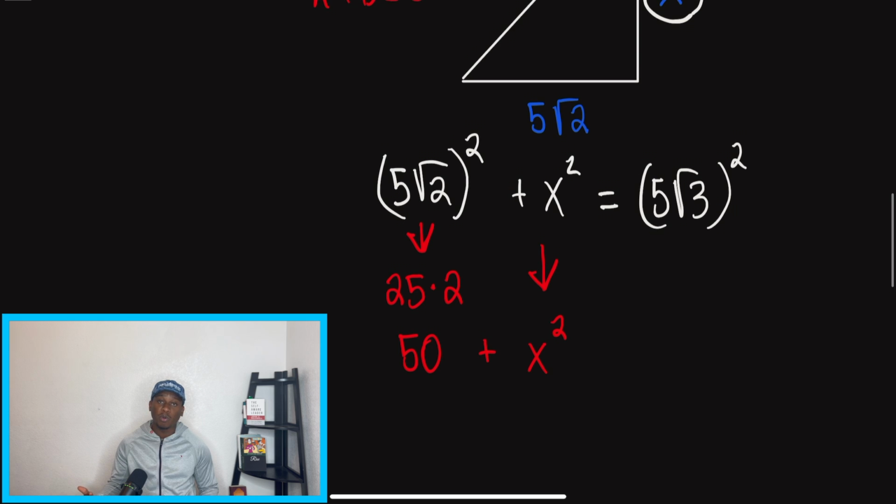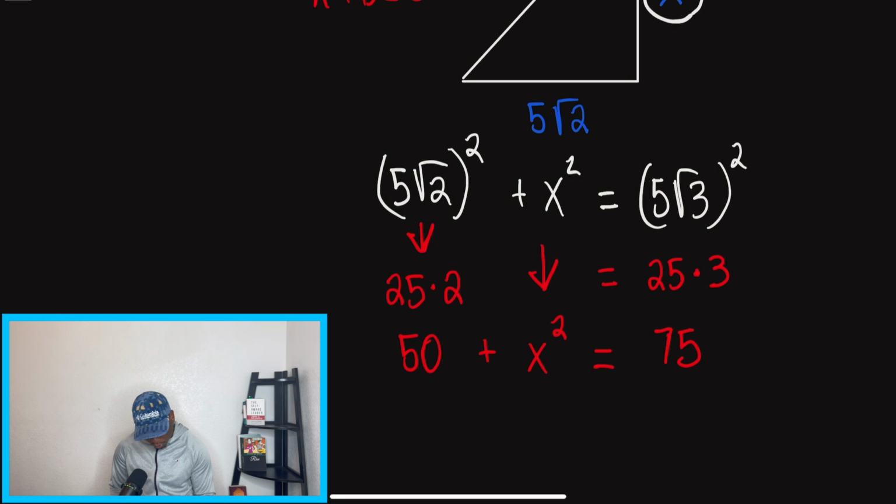Now at this point, we're going to do the same exact thing with 5 radical 3. After we square 5, we're going to get 25, and once we multiply radical 3 times radical 3, that is just going to give us the answer of 3. So now I know that my equation is equal to 75.